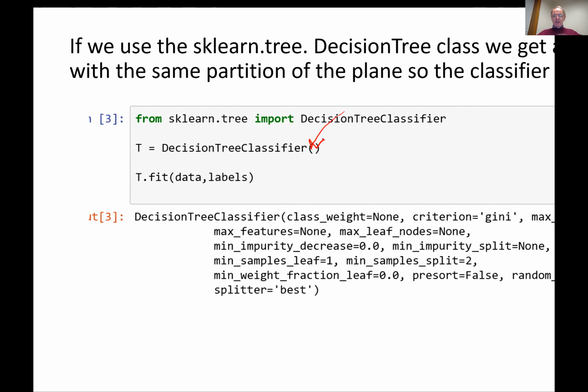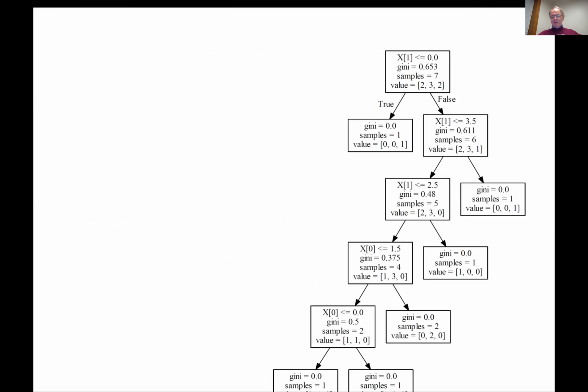You can see the criterion is Gini, but you can also put in a max depth, and max depth will limit how far you're going to go down the tree. Here it's only a small data set, so we don't have to limit it, but if you had like 10 million data points, then you would definitely want to limit this. There are other ways you can do this.